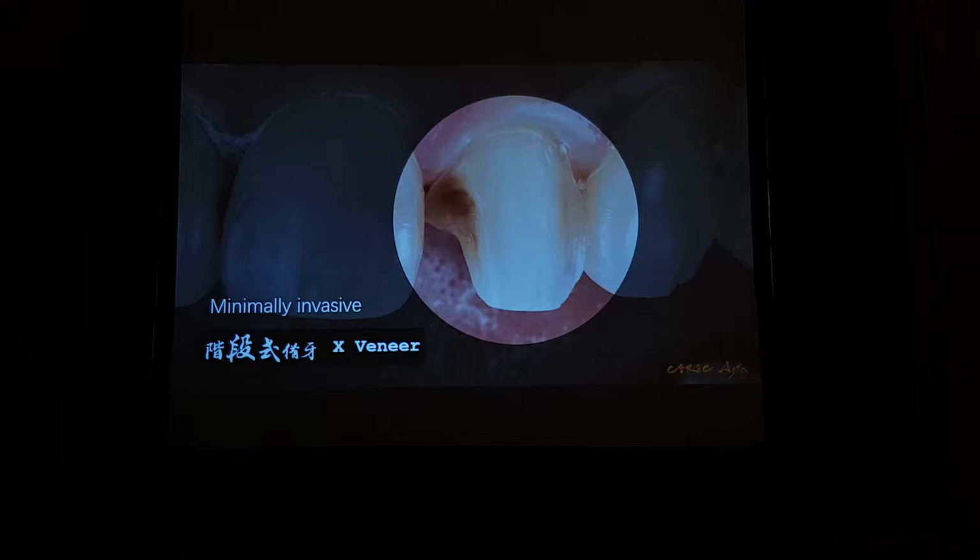So I do the primary scanning, and I ask my technician to make a proposal, make a design for me, and see if there's enough space for the veneer or not. And the technician said, yeah. And while she's designing, I'm doing the polish and finish. I still polish my margin, finishing my margin. Okay, so it doesn't waste any time.